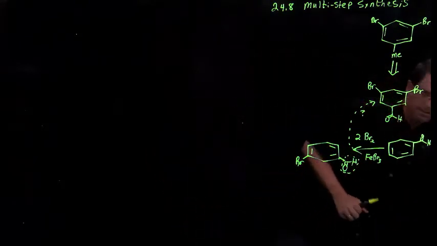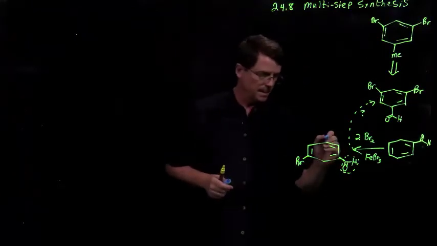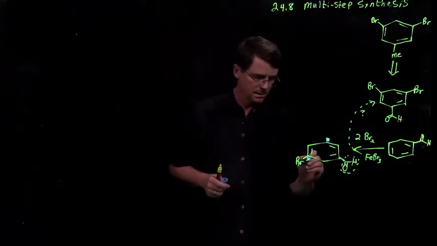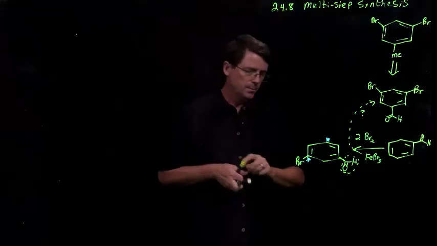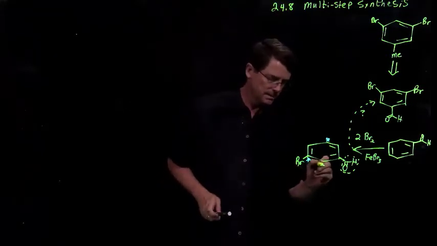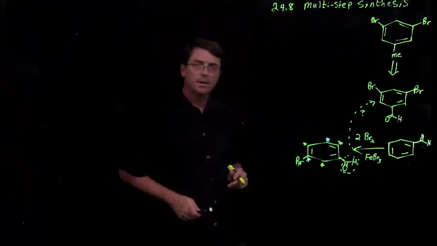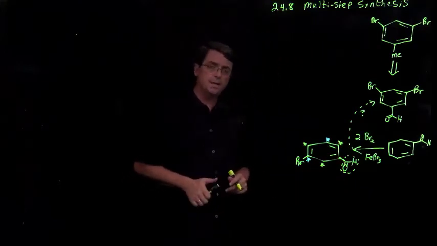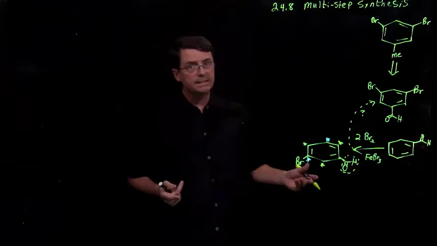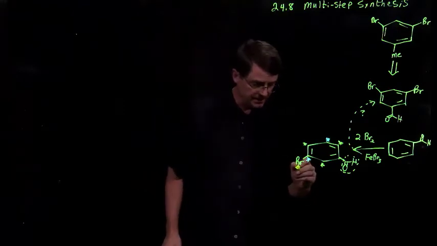The aldehyde directs meta. Okay, that would be good. The bromo directs ortho and para. But which dominates the chemistry? The least deactivating, which is the halogen.